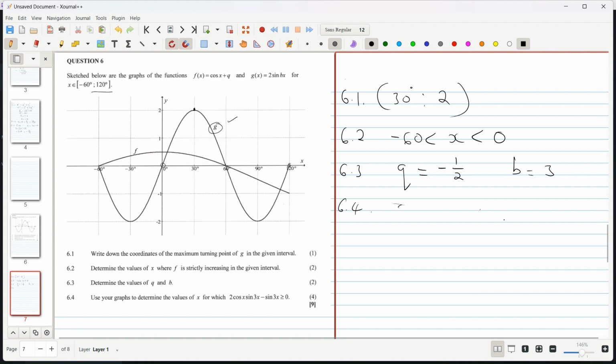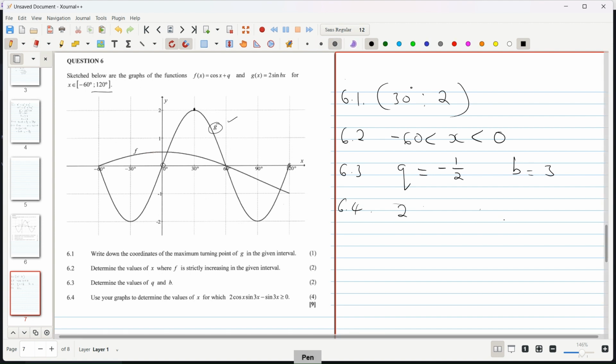So from this, what we are given is 2 cos x sin 3x minus sin 3x greater or equal to 0. We can see we have a common factor here, which is sin 3x. So we can take out the common factor of sin 3x.